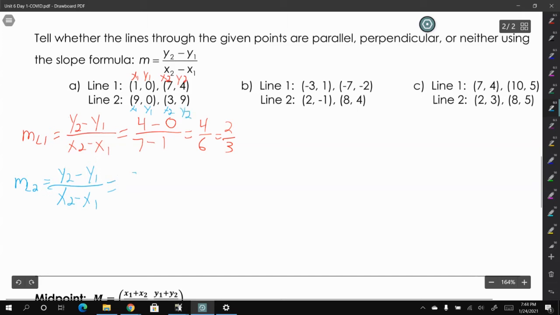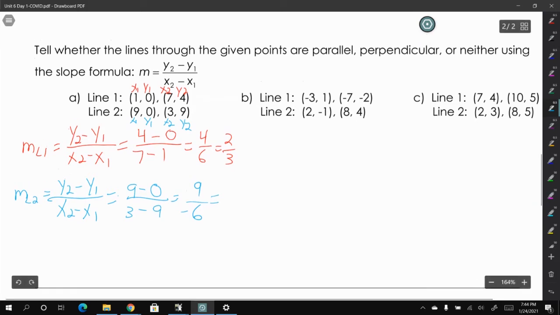So y2 was 9 minus y1 is 0 over 3 minus 9. 9 minus 0 is 9. And 3 minus 9 is negative 6. So that will reduce to negative 3 over 2.